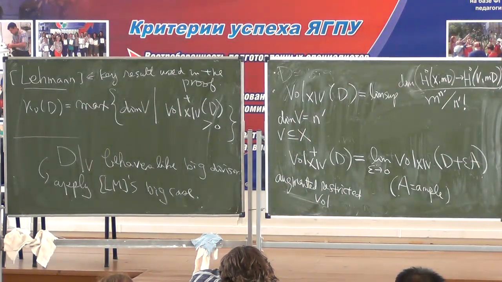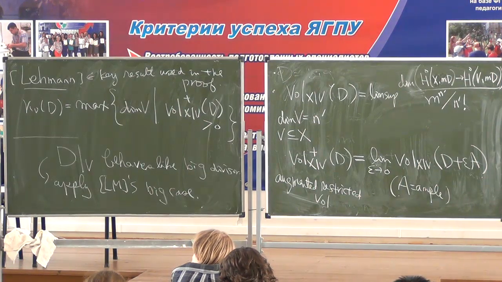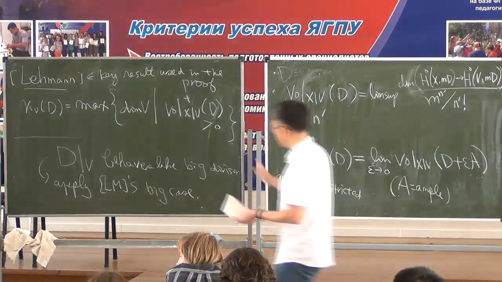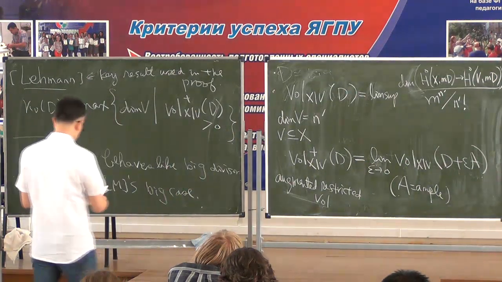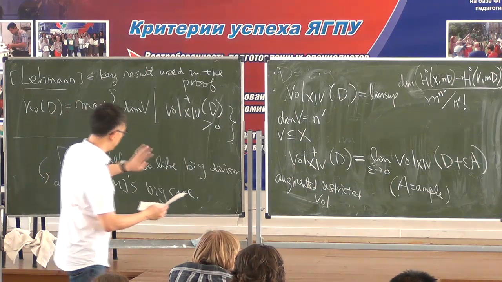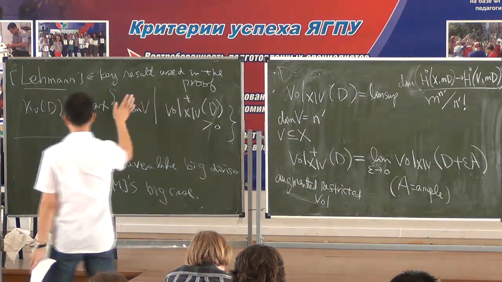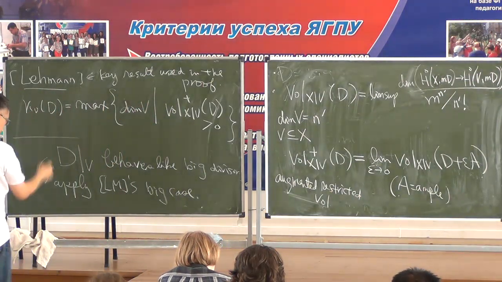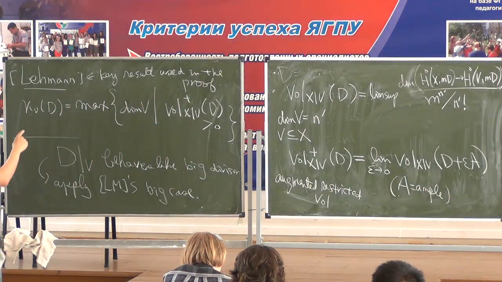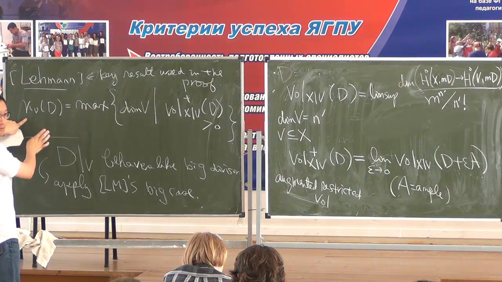Actually, I wanted to say something more about the proof, but I don't have time. Last thing: we had two dimensions, the numerical Iitaka dimension and the usual Iitaka dimension. Actually, we can also recover the Iitaka dimension.